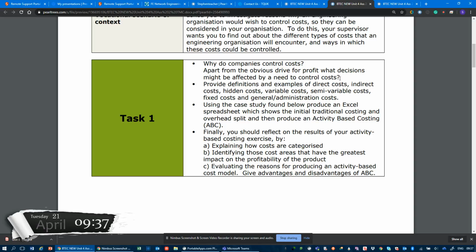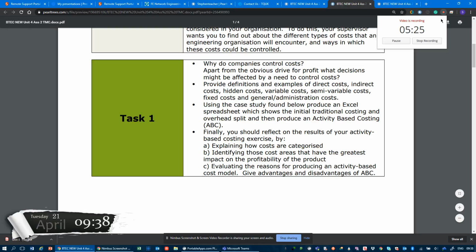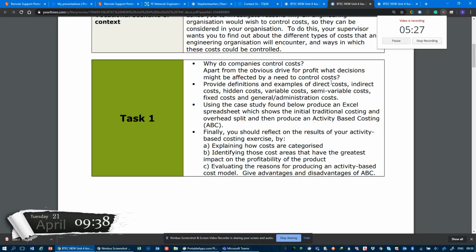So these are all things that will affect the costs, and they need to control costs. Do the advantages of working in London outweigh the cost of the premises versus working in Carlisle, for example?